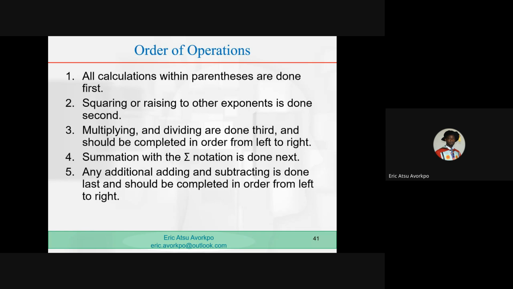What is the order of operation for all calculations? Parentheses are done first, just like in any algebra. All calculations in brackets are done first, before squaring or raising to other exponents. Multiplying and dividing are done third and should be completed in order from left to right.